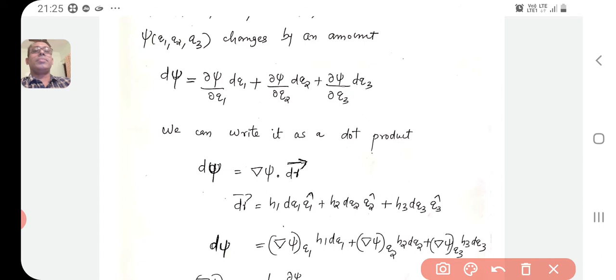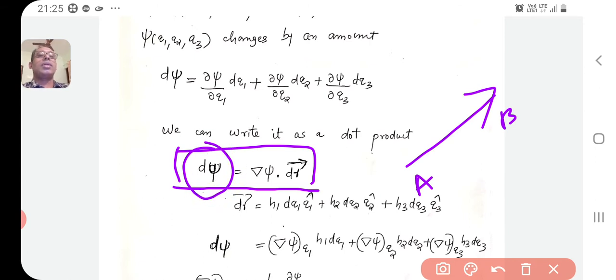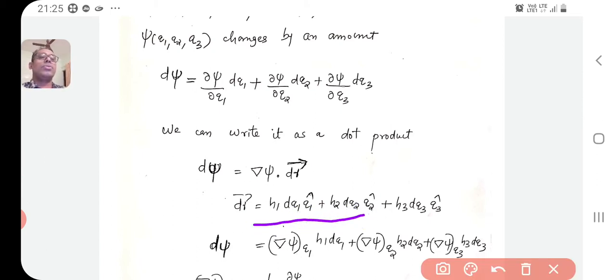That is d psi is equal to del psi dot dr. Del psi gives the gradient, the change, dot dr in the direction of the displacement A to B. That gives the change d psi, that is equal to del psi dot dr. And dr we know, that is h1 dq1 unit vector q1, h2 dq2 unit vector q2, h3 dq3 unit vector q3.